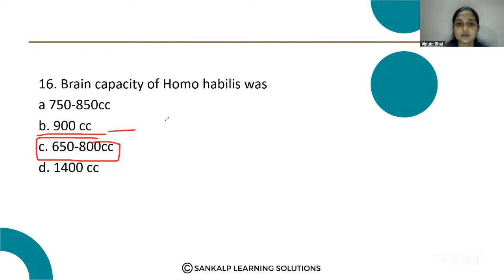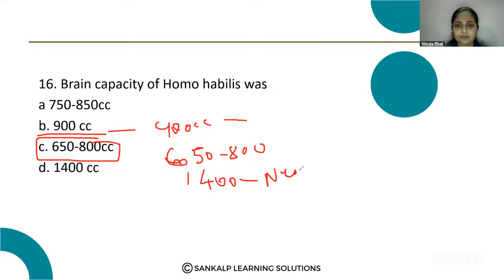Homo erectus has a brain capacity of 900 cc. So only these are mentioned: 650 to 800 cc for Homo habilis, 900 cc for Homo erectus, and 1400 cc for Neanderthal man.